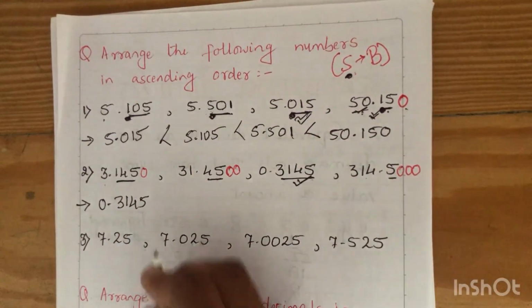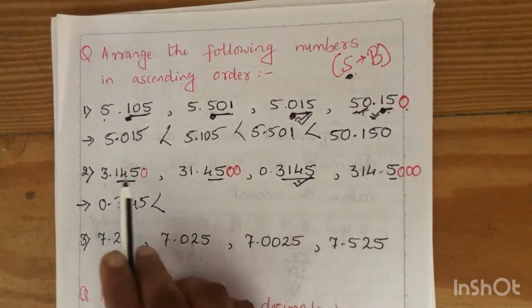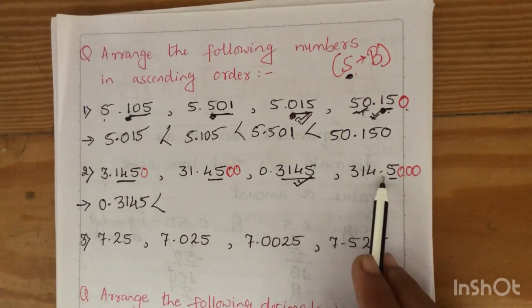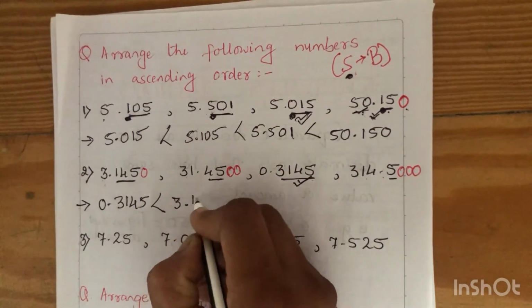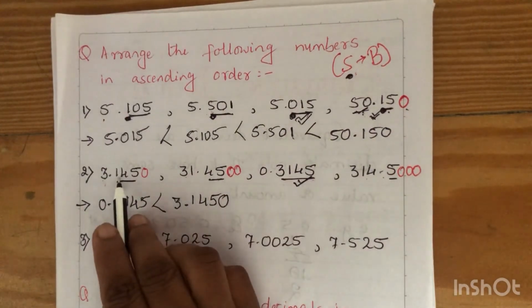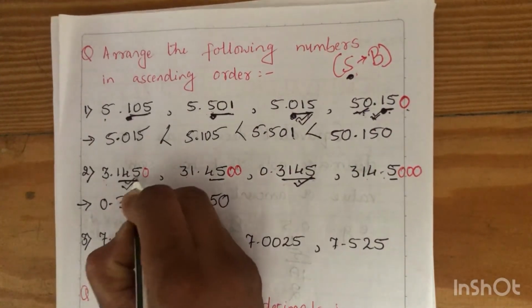I will just put a tick mark. Now you have to see these 3 numbers. Now this is 3, this is 31 and this is 314, which is the second smallest, that is 3.145. Okay, you may write 0 also, you may ignore also. So fine, this is also done.